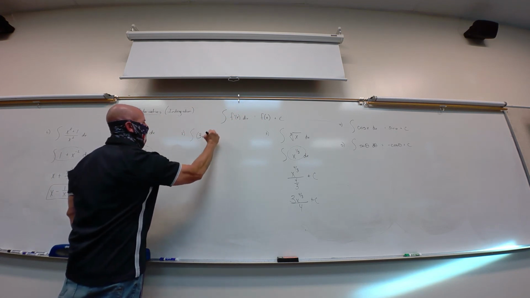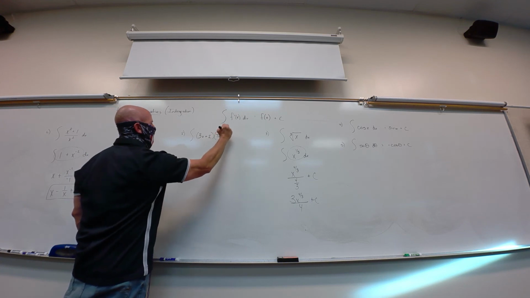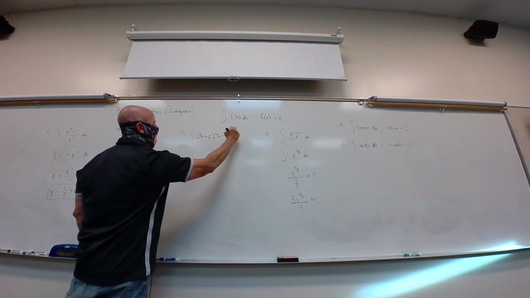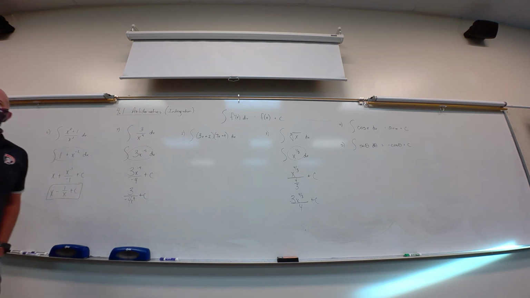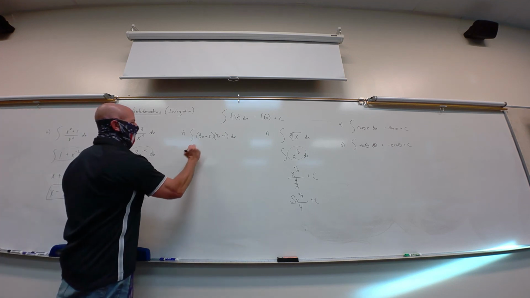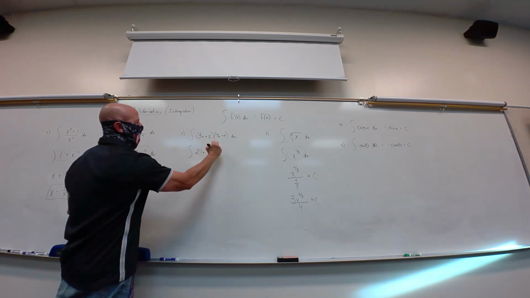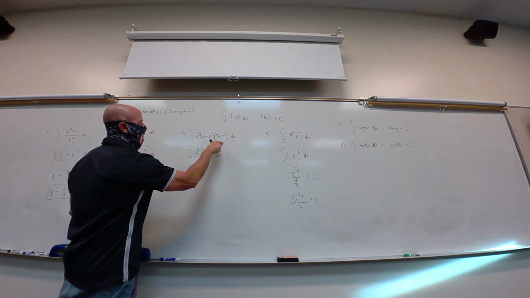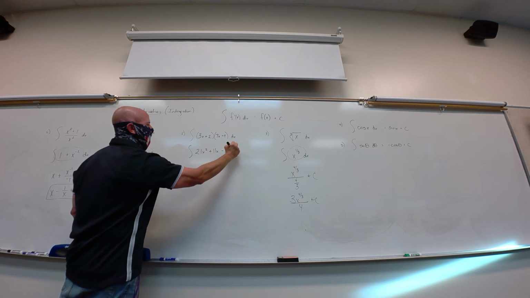let's go 3x plus 2 times 7x minus 1 dx. I'm going to have to multiply that out so then it's back into that polynomial formation so I can use the exponents. So I'm thinking of this as 21x squared plus 11x minus 2.